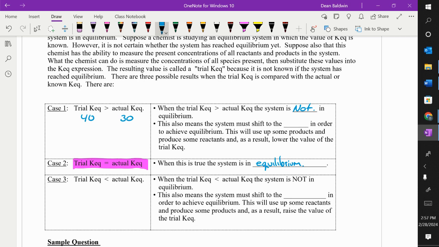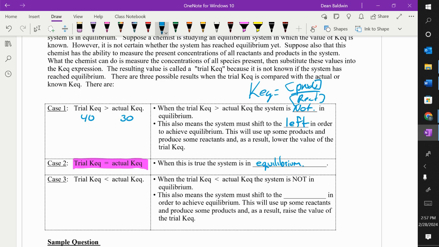Do you increase the products or decrease the products? You want to decrease the products, right? Because a KEQ is the concentration of products over reactants. So if I need to make this smaller, that means the top number has to go down. To do that, you have to shift it to the left. So if the trial KEQ is larger than the actual KEQ, you shift left to get to equilibrium.